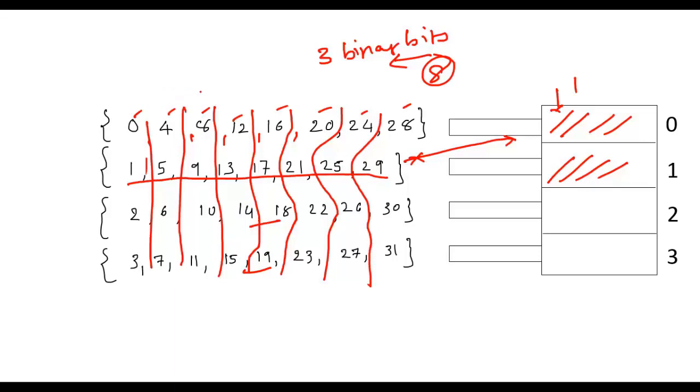So let's assign this column number 000, this column 001, this one 010, this one 011, then 100, 101, 110 and 111. So we have assigned each column a number from 0 to 7.